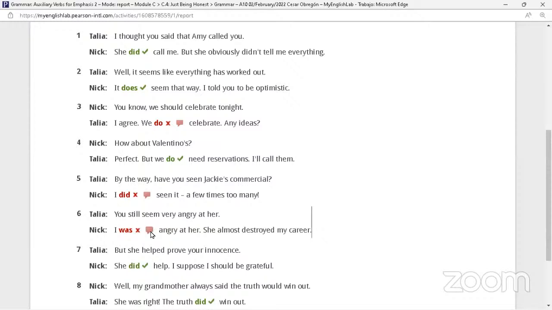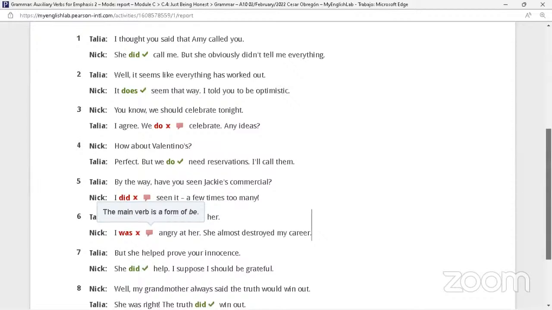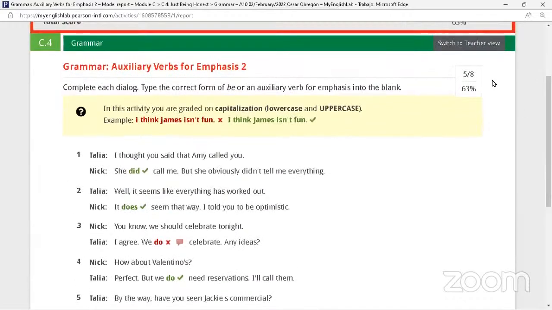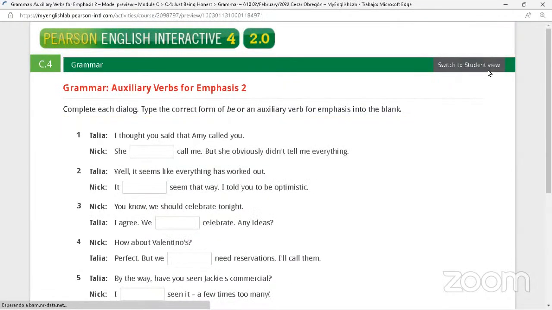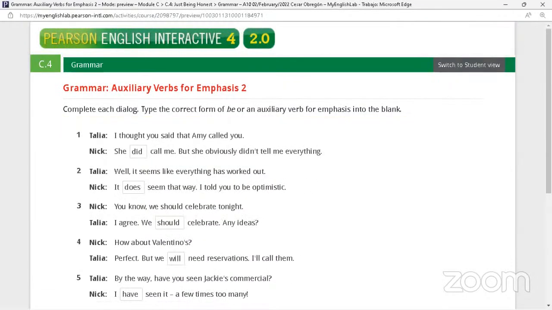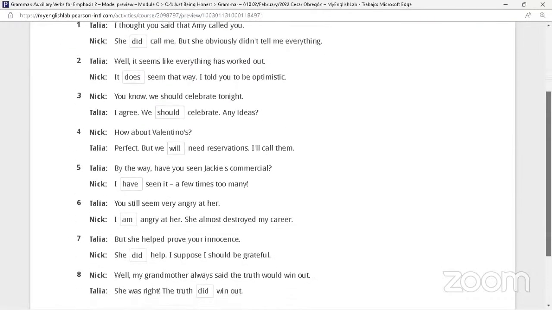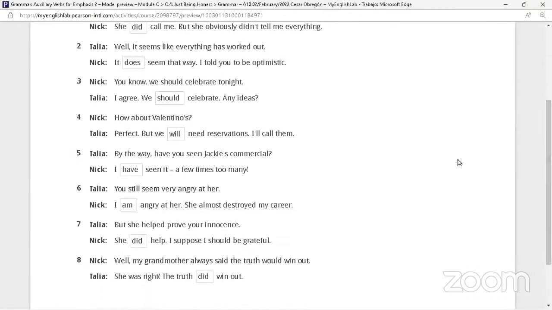So in this one, the main verb is in a form of be. So does it need to be in the past? Okay, so let's see. Okay, so yes, the correct one is just use should.